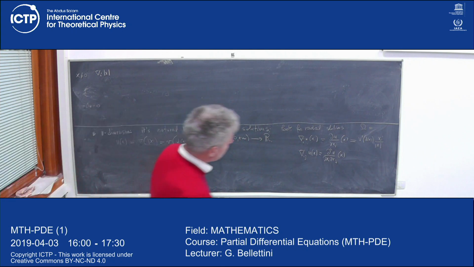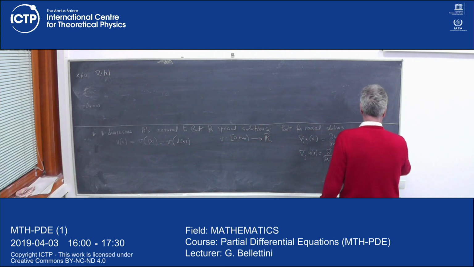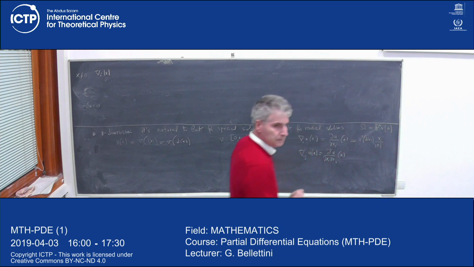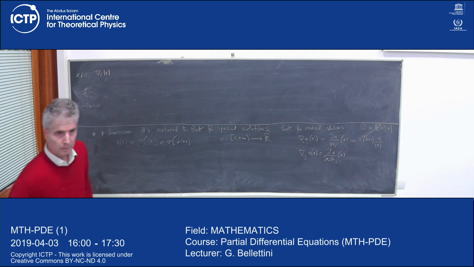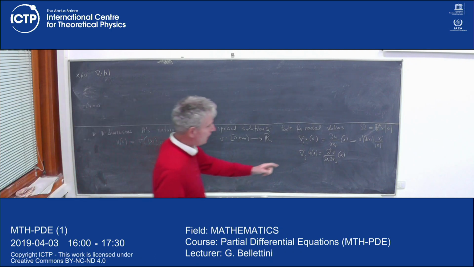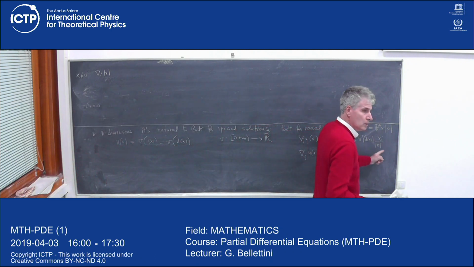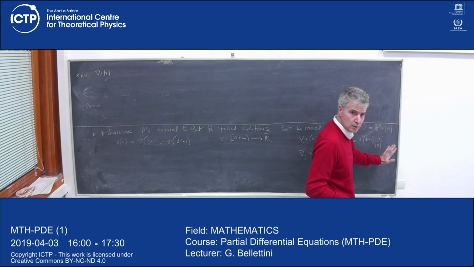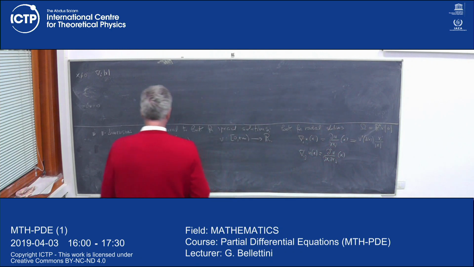So omega, say, is Rn minus 0. Everybody agrees with this expression? Is it clear? Okay, perfect.